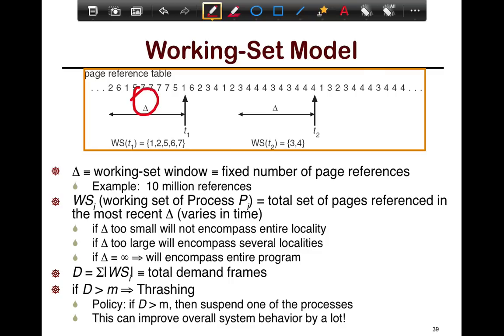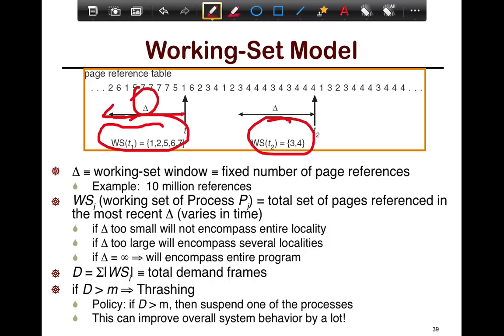In this case the window encompasses 5 pages, but in this other case it encompasses only 2 pages. If your delta is too small, it will not capture the entire locality. If it's too large, it captures several localities. If it's infinitely long, it captures the whole execution of the program, which does not give you an idea of how much space a given process needs at any given instant.